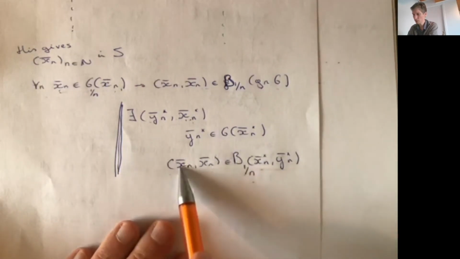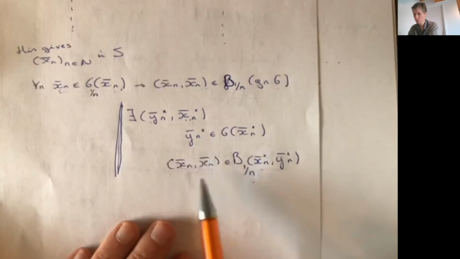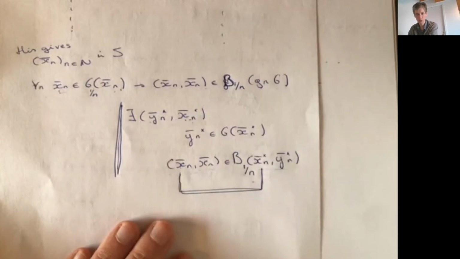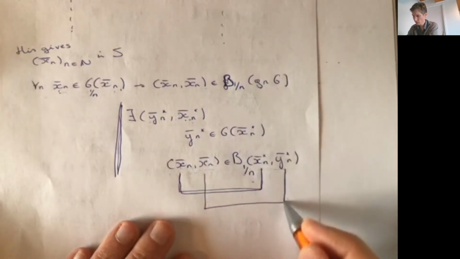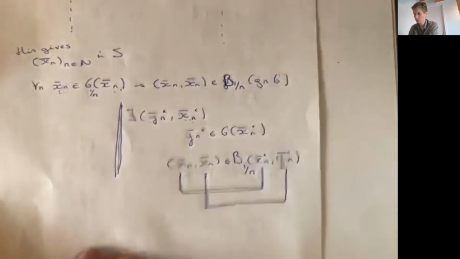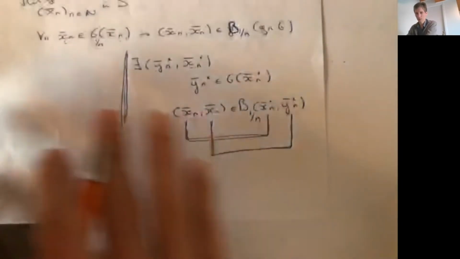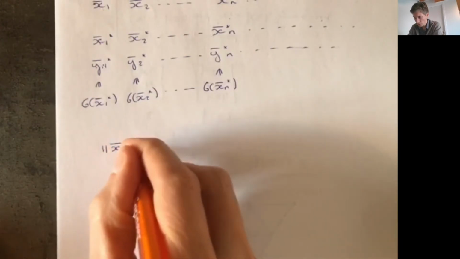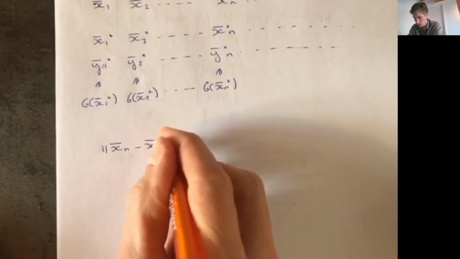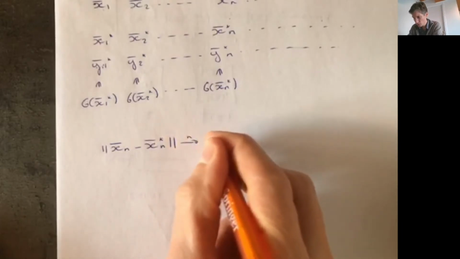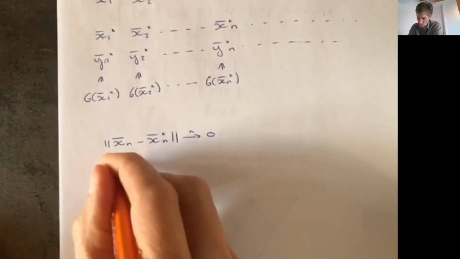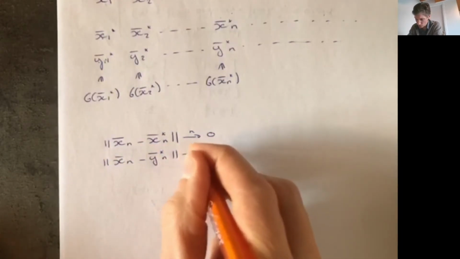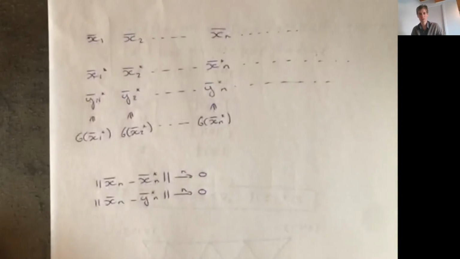So in particular, because these two are the same, these two sequences converge to each other, and these two sequences converge to each other. In the sense that, let me write it here, xn minus xn star converges to 0, and xn minus yn star also converges to 0.